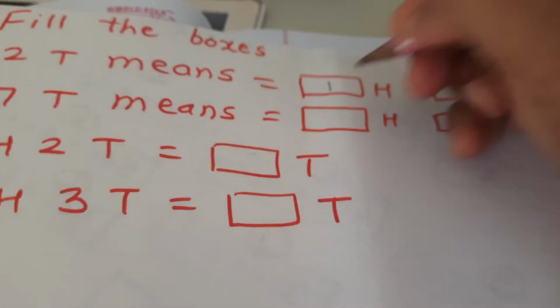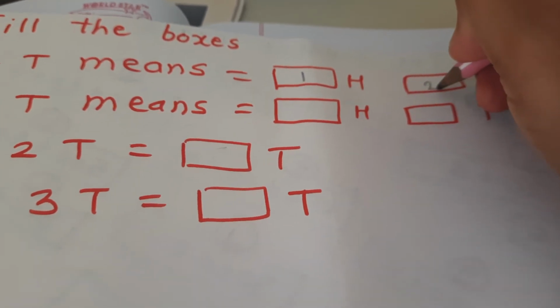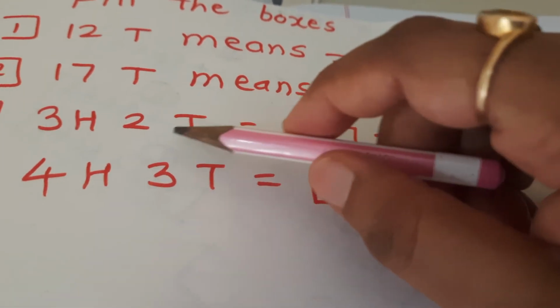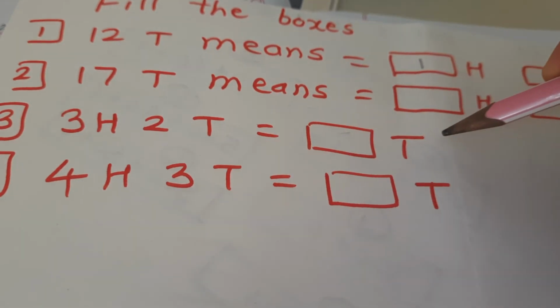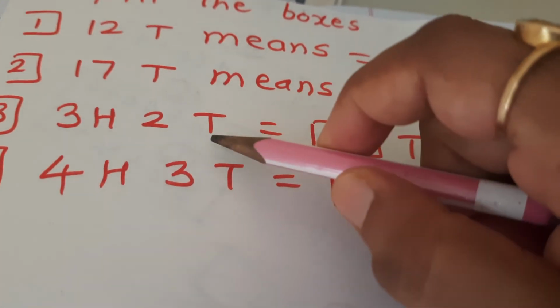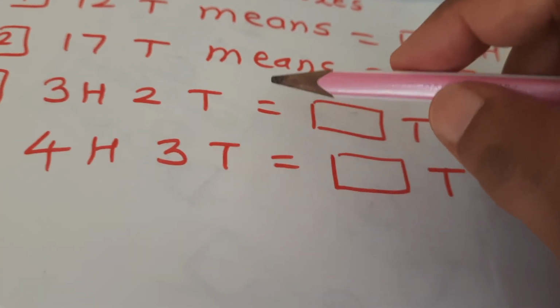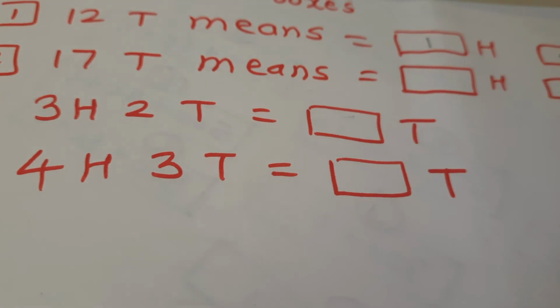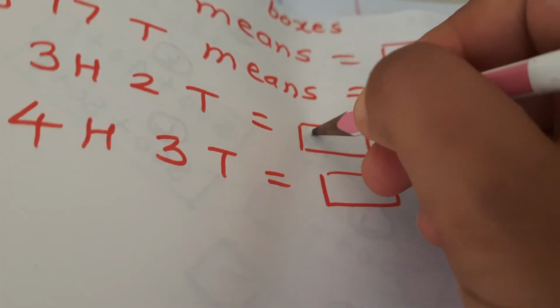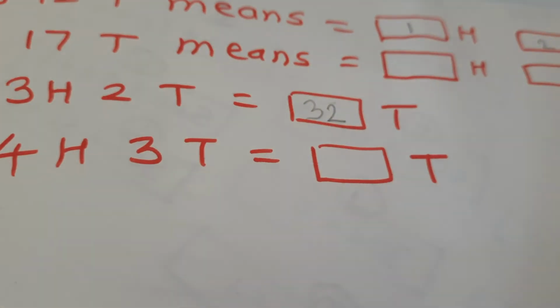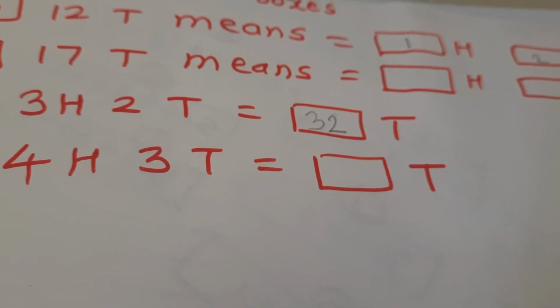Yes, it's 100 and 2 tens. 300 and 2 tens means 300 and 20. So 320 means how many tens? 32 tens. I hope that you got it.